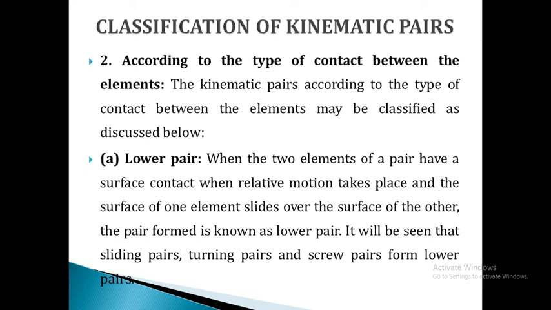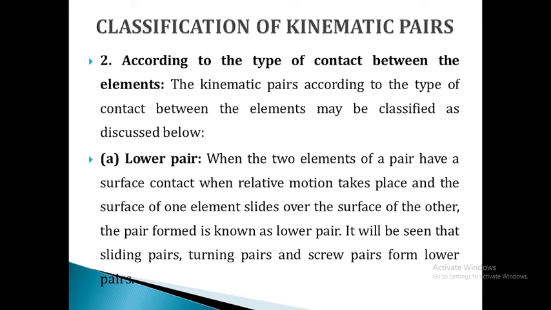Again, when the two elements of a pair have a surface contact, when relative motion takes place, the surface of one element slides over another surface, the pair formed is known as lower pair.